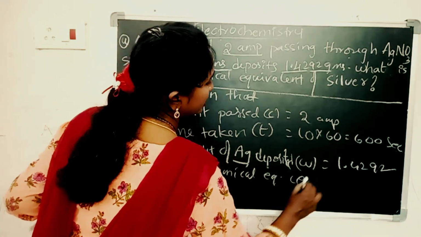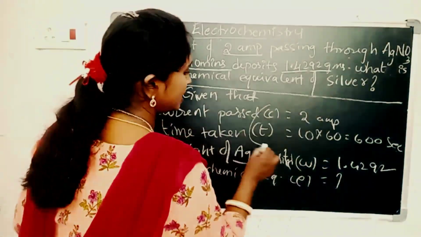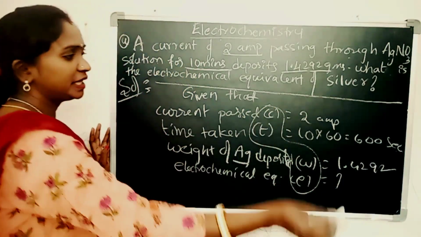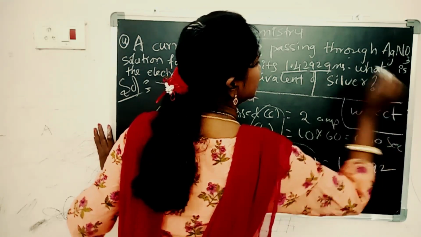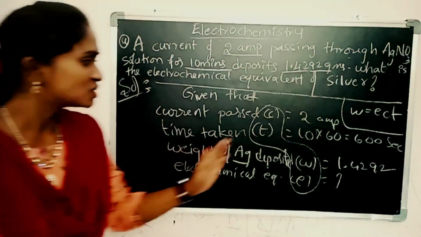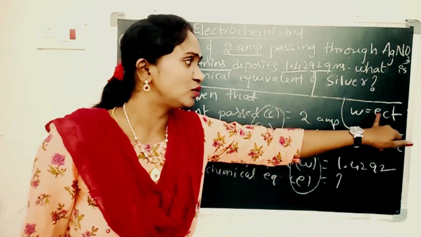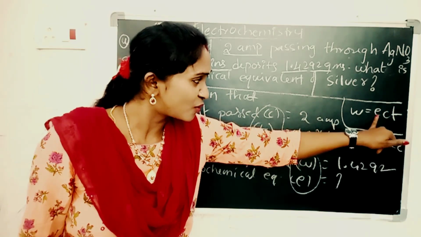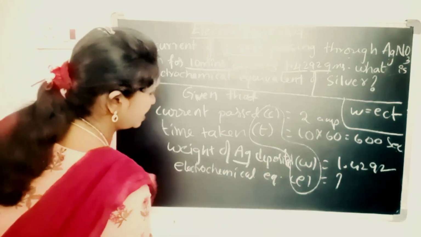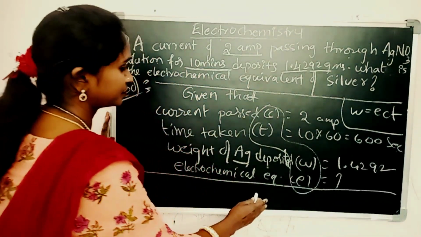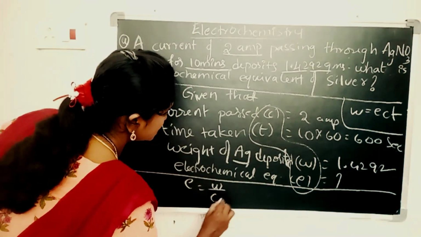So based on these terms C, T, W and e, we can use the formula W equal to ECT. But here we have to calculate small e. Then small e equal to W by CT.